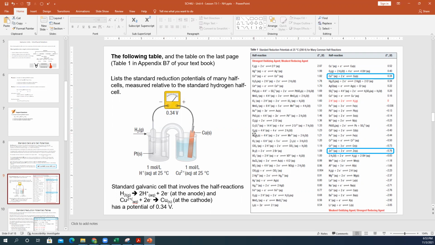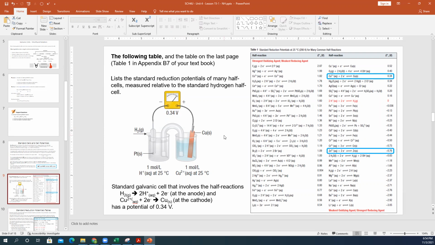So here is the hydrogen half cell, and in the hydrogen half cell, the electrode is often platinum, and there's hydrogen gas in that space. Then different metals are connected on this side, and the standard reduction potential difference is measured across.